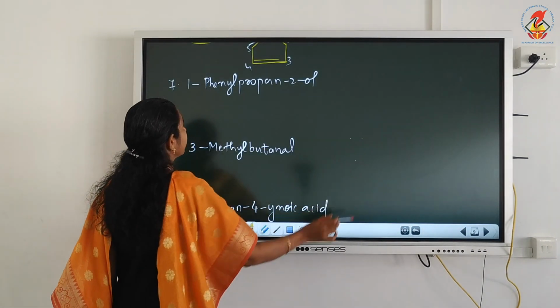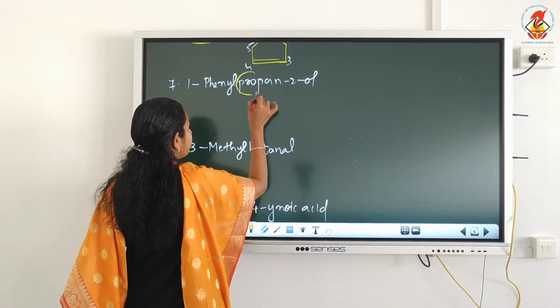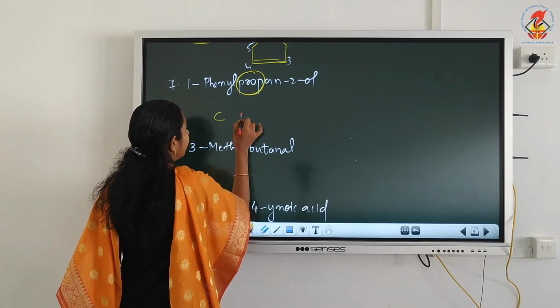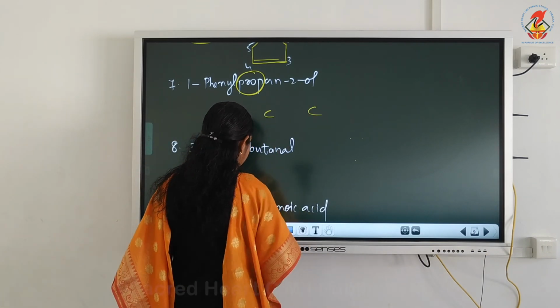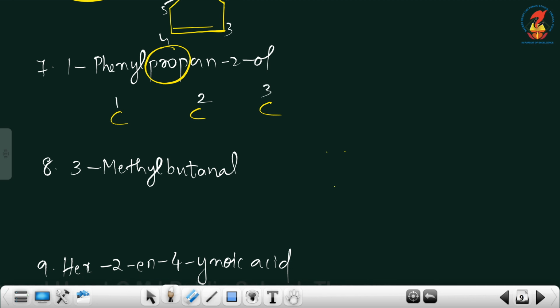Next is 1-phenylpropan-2-ol. So here the word root is prop. So draw 3 carbon atoms 1, 2, 3. Give continuous numbers 1, 2, 3. Write the suffixes first. Propan, an means the 3 carbon atoms are singly bonded. 2-ol means on the second carbon there is one OH group. 1-phenyl means on the first carbon there is a phenyl group.